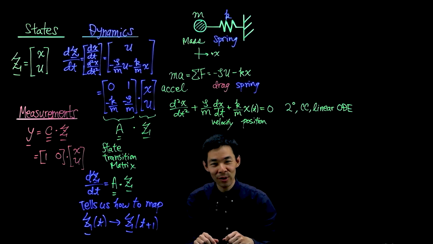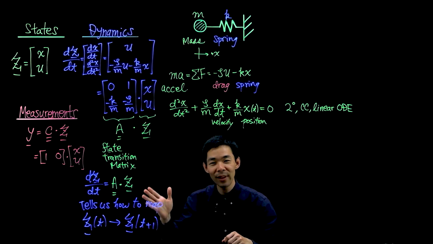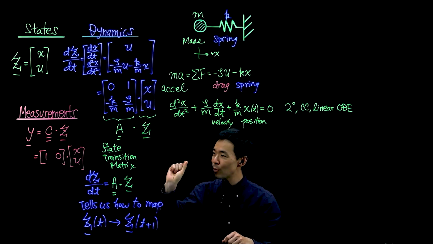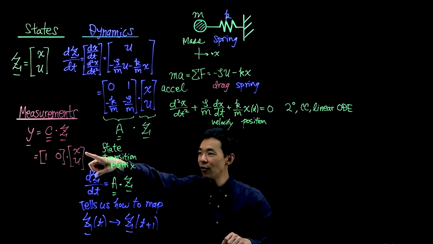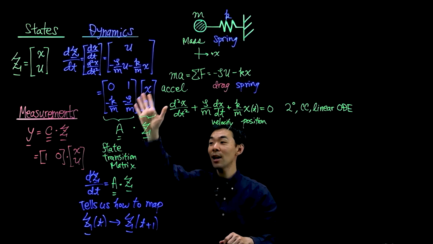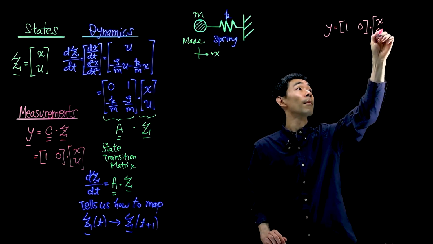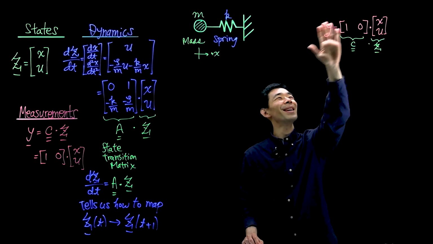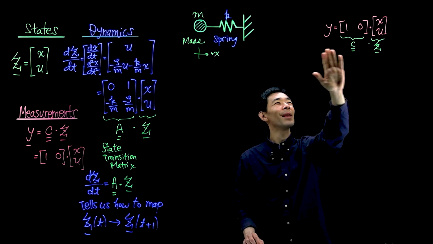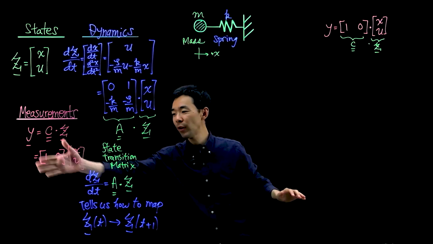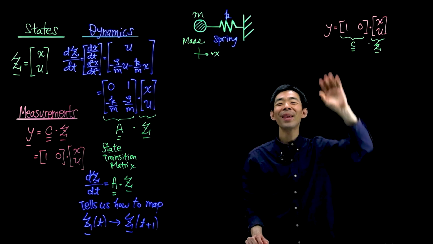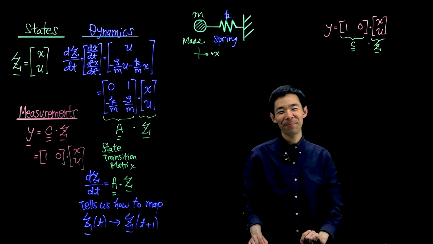So let's talk a little bit about observability and how you might be able to just take pictures of position x to discover the whole state, including your velocity. I've just rewritten the measurements y up here. It's the same equation that we have over here, just rewritten, because I want to consider one thing.